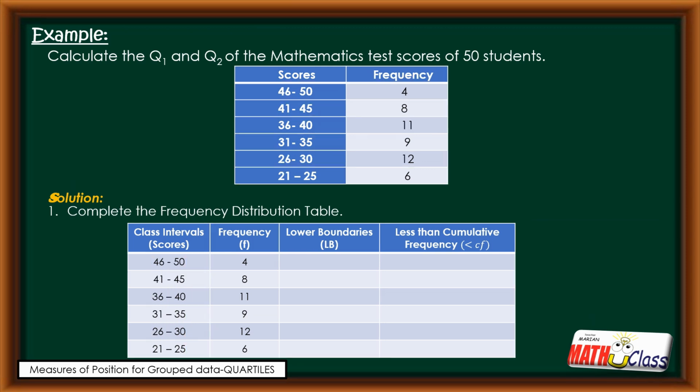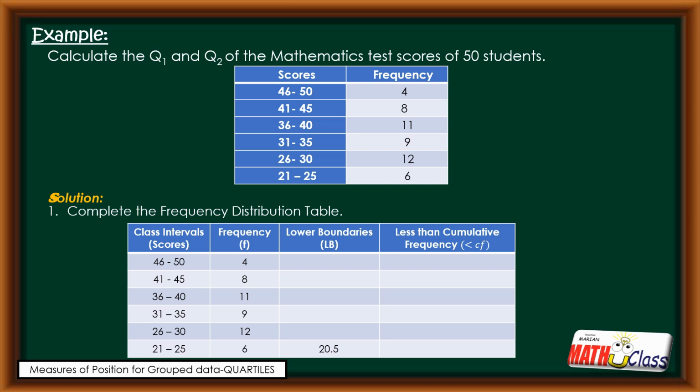So let's start from the bottom. The lower limit for the class interval 21 to 25 is 21. So 21 minus 0.5 is equal to 20.5.